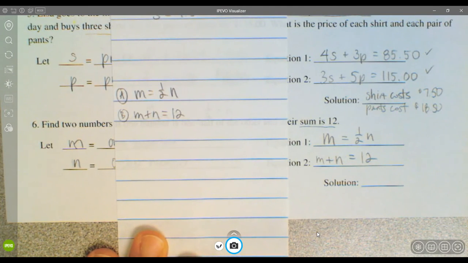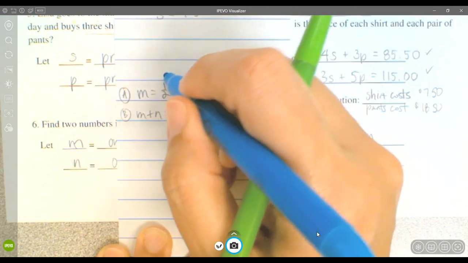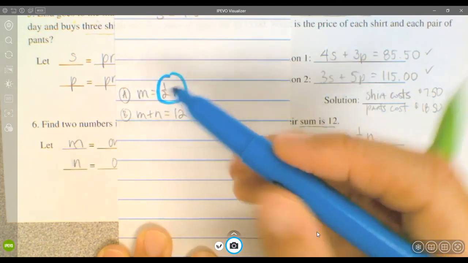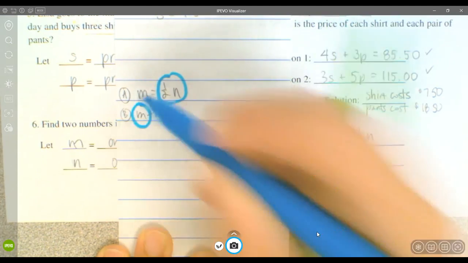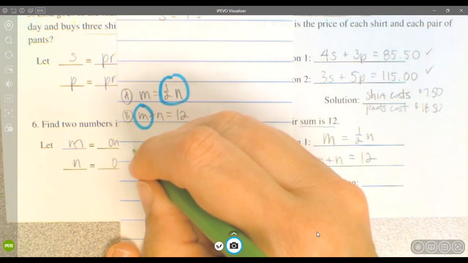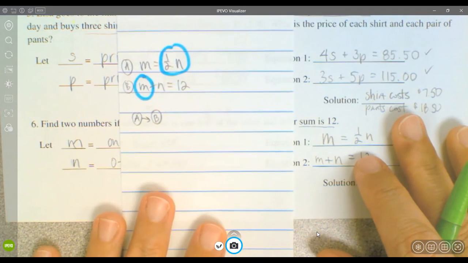This looks like substitution. I know that's not what you want to hear, but that's how it is. So when I look at this with substitution, I see 1 half N. I see M is isolated. So I look at 1 half N, and that's going to substitute there. So it looks like I'm taking the information from equation A, and I'm going to substitute it into equation B.